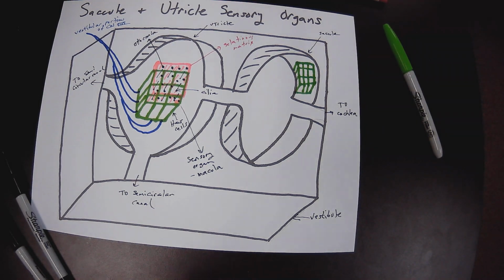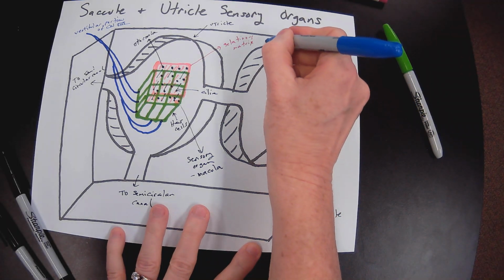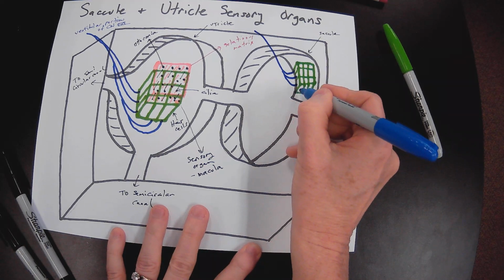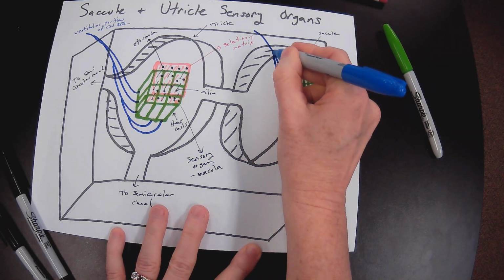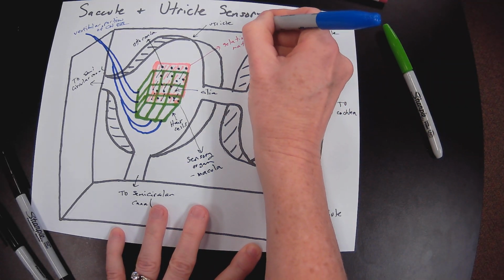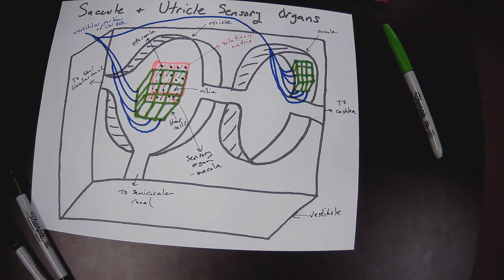And coming out the bottom of the hair cells are, again, the axons of the vestibular portion of the 8th cranial nerve. It's all coming from one side, so it's all going to be part of this information coming out.